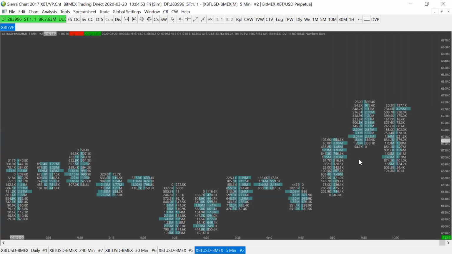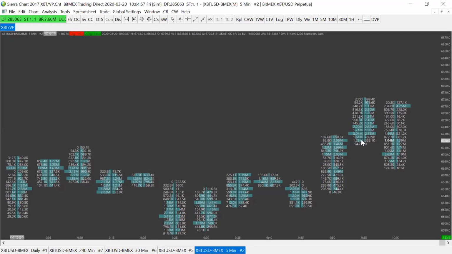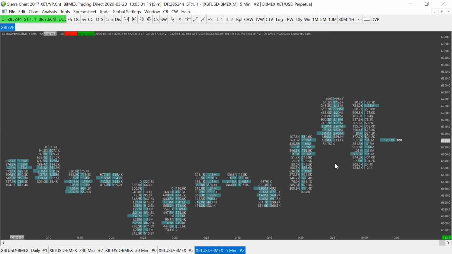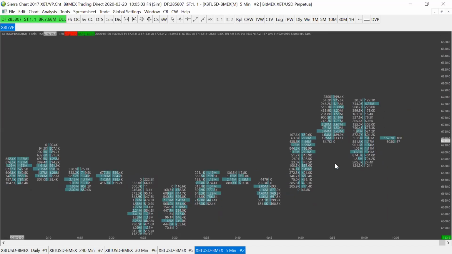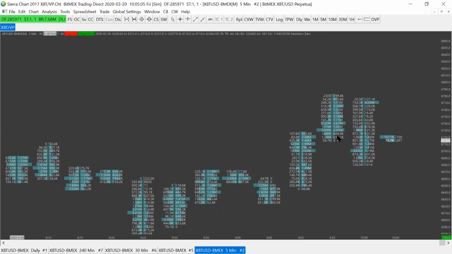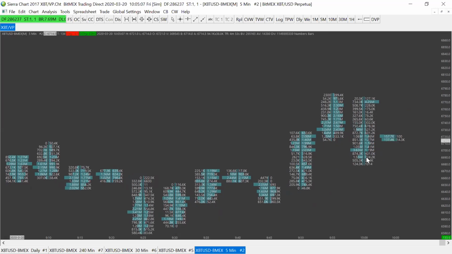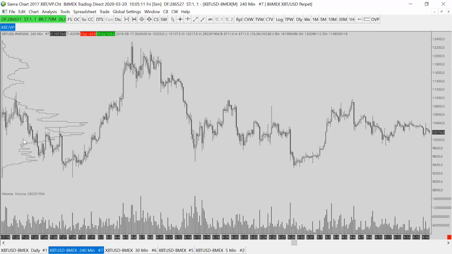In the way I have it set up here, instead of showing you the volume transacted in each 5-minute bar, this is a composite profile, and it just displays how much volume was transacted over a series of prices over the period of time which is visible to you here.